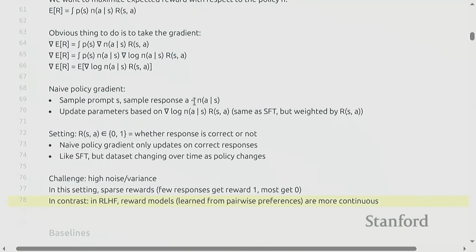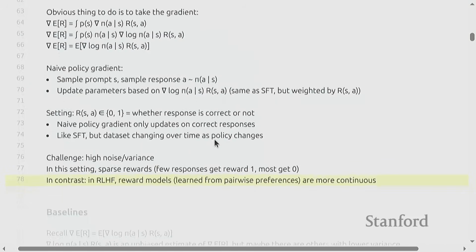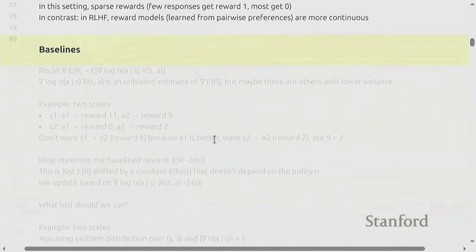Okay, so maximize expected reward. Naive policy gradient does the obvious thing. But you have this high noise and variance problem. So a key idea in policy gradient methods is using what is called a baseline.